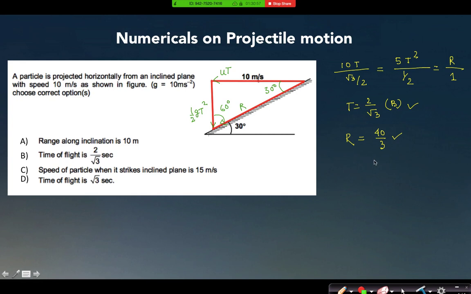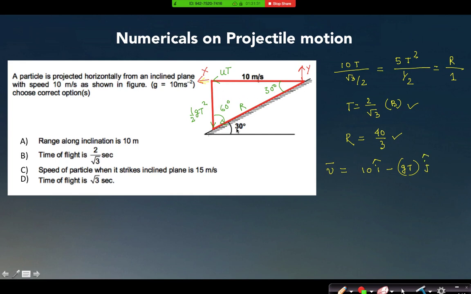find the speed with which it strikes the plane. How do I find the speed? Look, after time t, its velocity vector can be written as 10 i cap minus, if this is my x-axis and this is my y-axis, it is 10 i cap minus gt j cap.